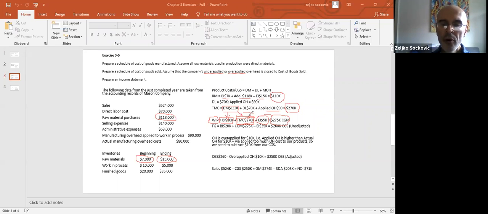Okay, so now we have 110 here. Okay, so we need to have some other information about either direct labor or applied overhead. So we get the pieces here.